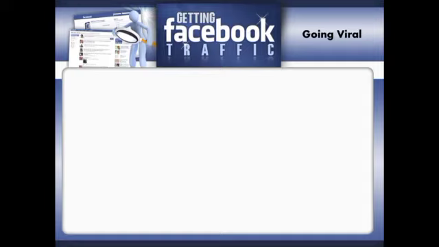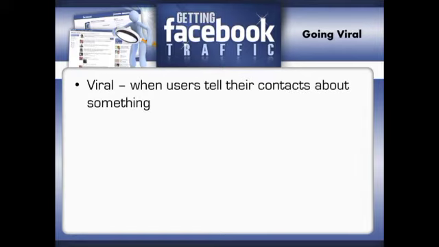And one of the things that makes Facebook so crazy powerful is the potential to cause something to go viral. What in the world does viral mean? Viral is when an individual tells all the people that they know about something, and it is something so interesting that those people then tell all the people that they know. And you can see that we've got an exponential growth here that is absolutely phenomenal.